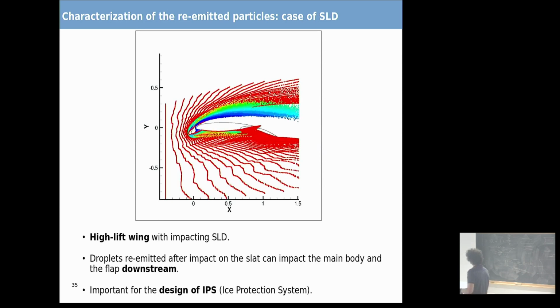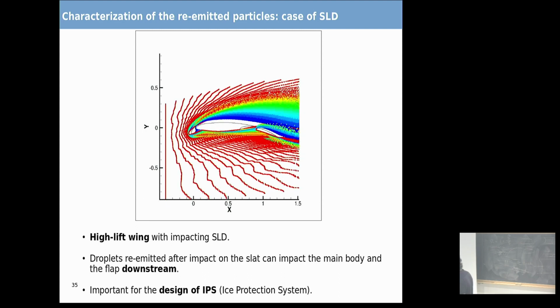Now, to characterize the re-emitted particles, here is a numerical simulation to justify why we have to know the particle size distribution of the emitted particles. Here you have a high lift wing configuration with a flap, slat and main body. The color is the diameter of the particles.